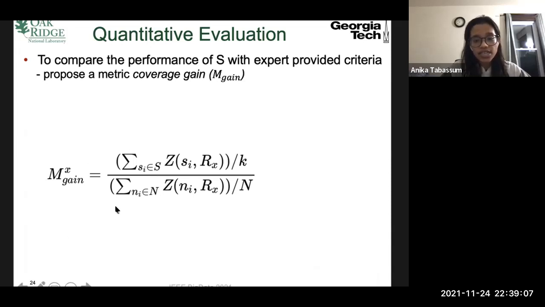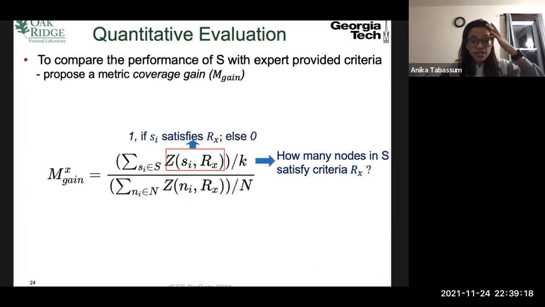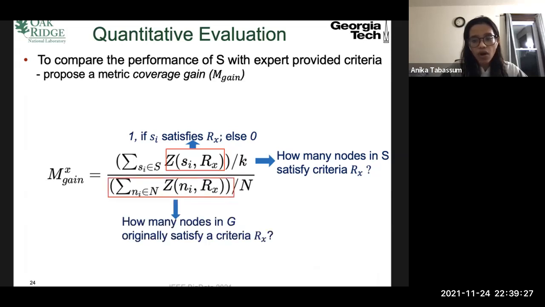The M gain is basically the ratio, or coverage gain, where the numerator shows, among the k nodes in S, how many of them satisfy a criterion, and Rx represents a given criterion, where Z is the indicator function showing if the given node Si follows the corresponding criterion. The denominator shows, among all M nodes in the network, how many nodes actually satisfy Rx. Basically, this is the ground truth, or originally what fraction of nodes are present that can satisfy Rx.